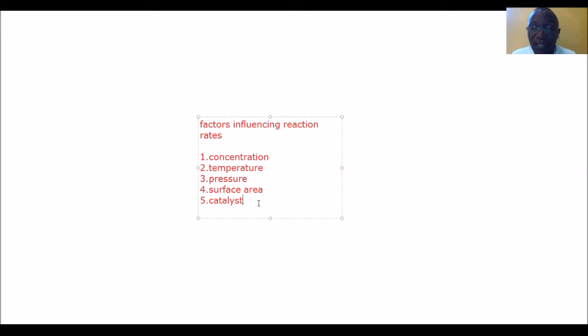influence the rate of chemical reactions, because they are very essential factors, especially when it comes to industrial production of very useful chemicals. For example, if we talk about the contact process, the Haber process, Solvay process, and many others.